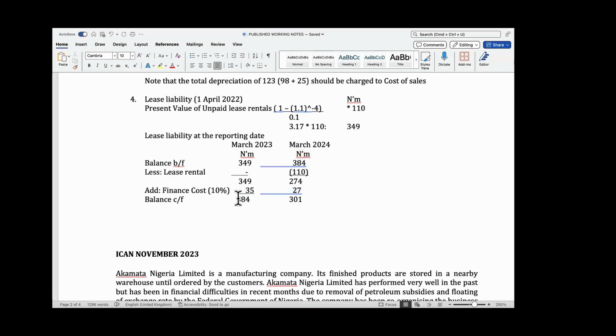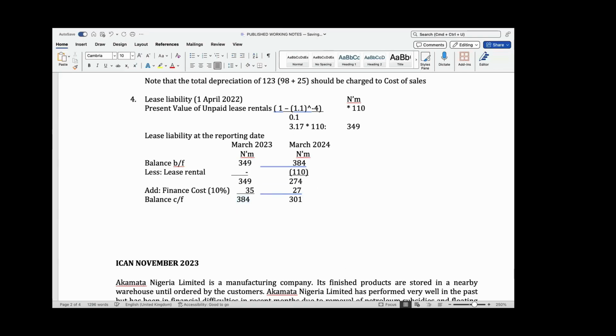And we can see that this 384 reduced to 301 next year. That means we will have settled the difference. That was why it reduced. And the liability you will settle, so as far as 2023 is concerned, we are settling 83 next year. That 83, out of this 384, we'll treat it as a current liability.